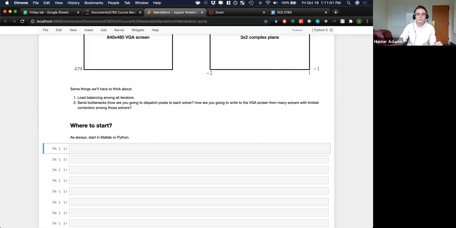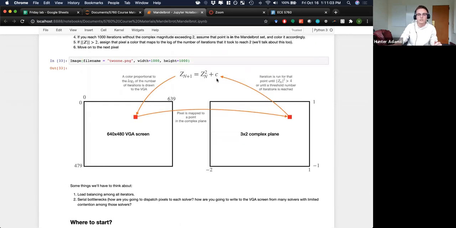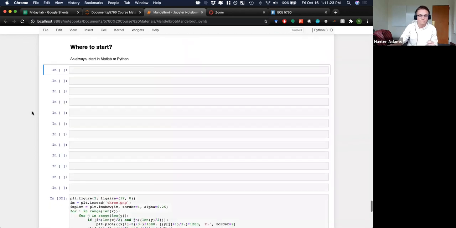Right, so you want to be able to choose a particular value of C, plug it into some MATLAB or Python program, and see how many iterations it takes in order for the magnitude of this complex number to exceed 2. And then make sure that when you run that same algorithm in Verilog, you get the same number in order to convince yourself you've built something that's working correctly.